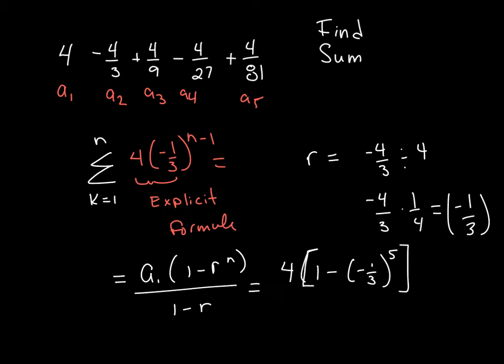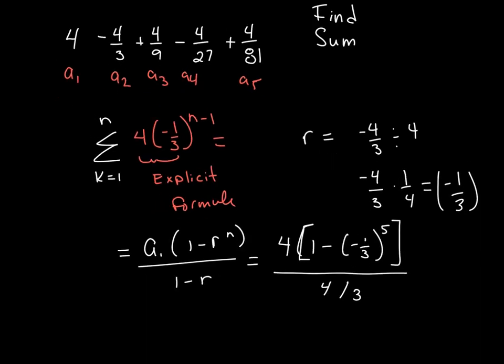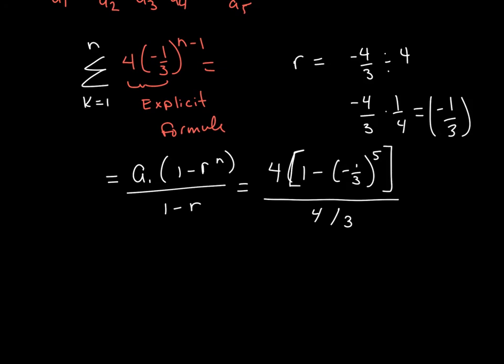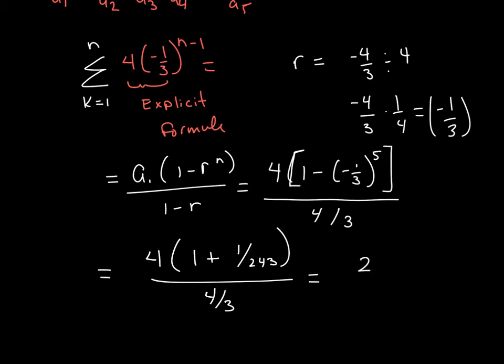Do the inside of this bracket first, all divided by 4/3. So when you are doing this, this will give you 4 times 1 plus 1 over 243, all divided by 4/3, which is equal to 244 over 81. And you can go ahead and check that just by adding those 5 pieces together.